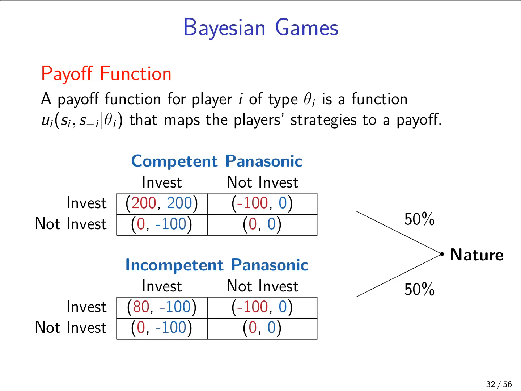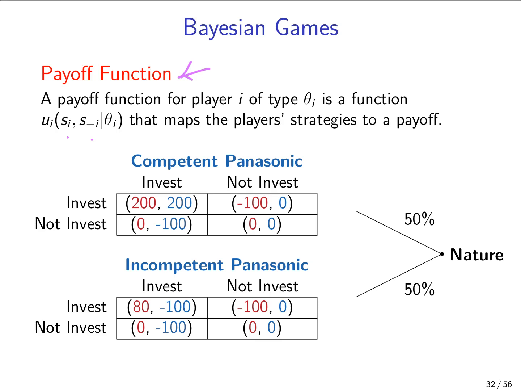Now, with that in mind, we could combine it with a payoff function. A payoff function is just something that describes what the payoff is going to be for each player of each type, and how that depends on the strategy of each player.